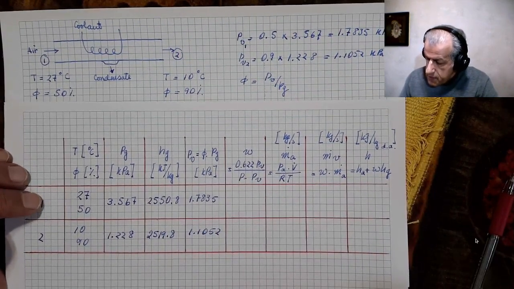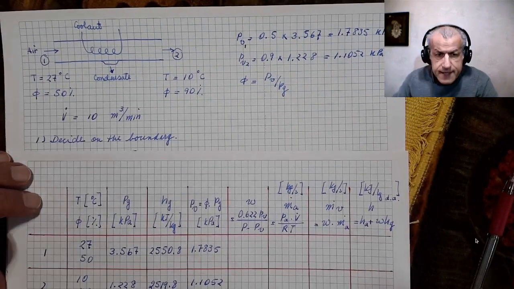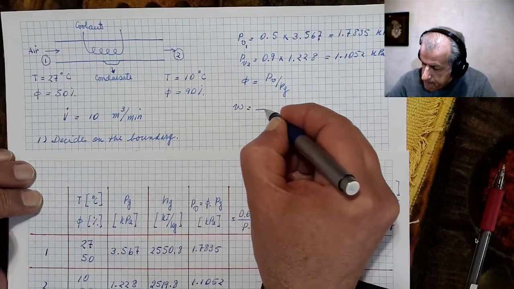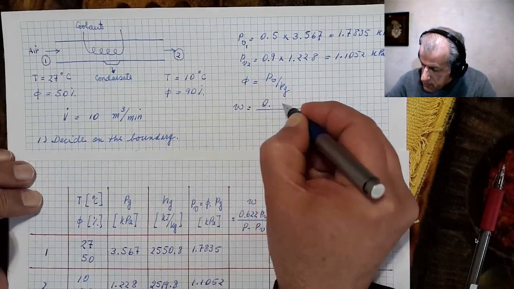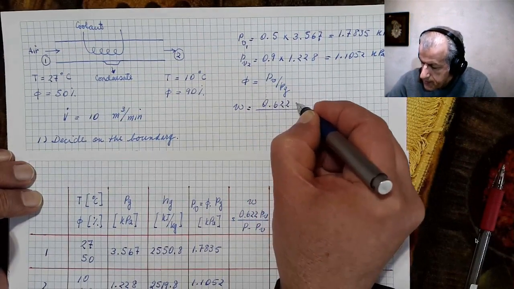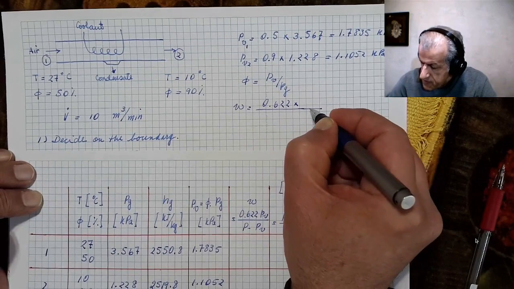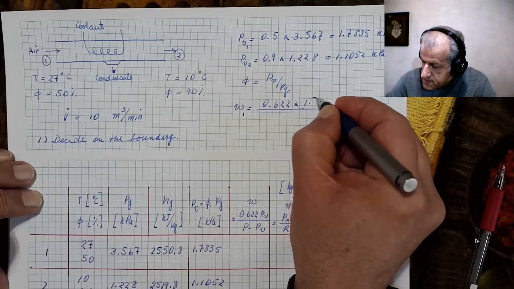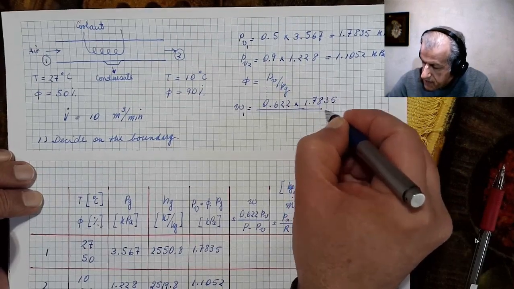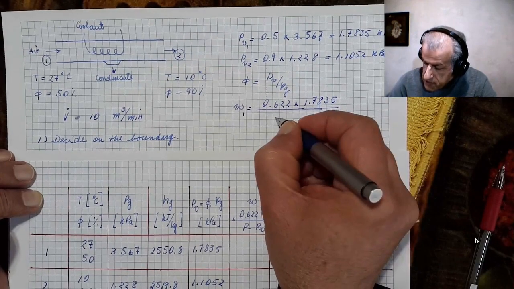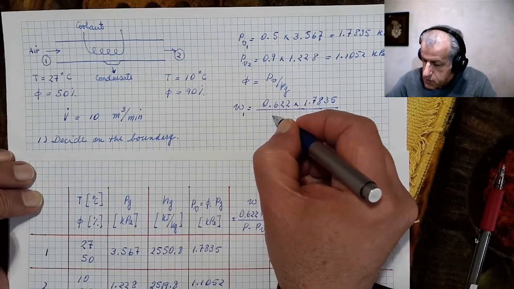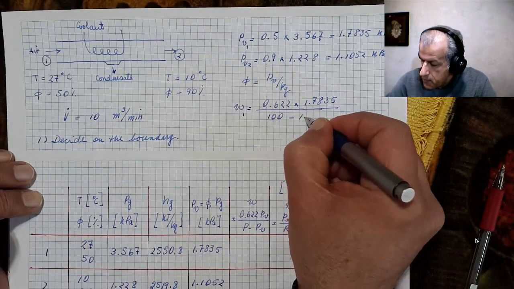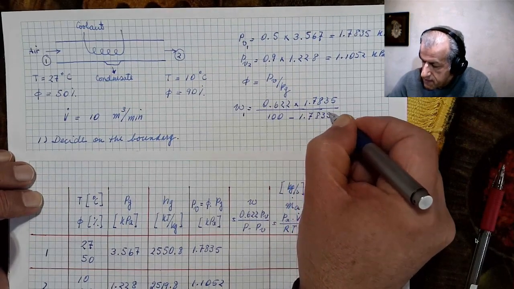Now, we have two properties, and we need to know what W, M dot A, or M dot V are. For W, we have this equation that W equals 0.622 times PV. So for case 1, it is 1.7835 divided by P, which let's assume to be 100 kilopascals, minus 1.7835.